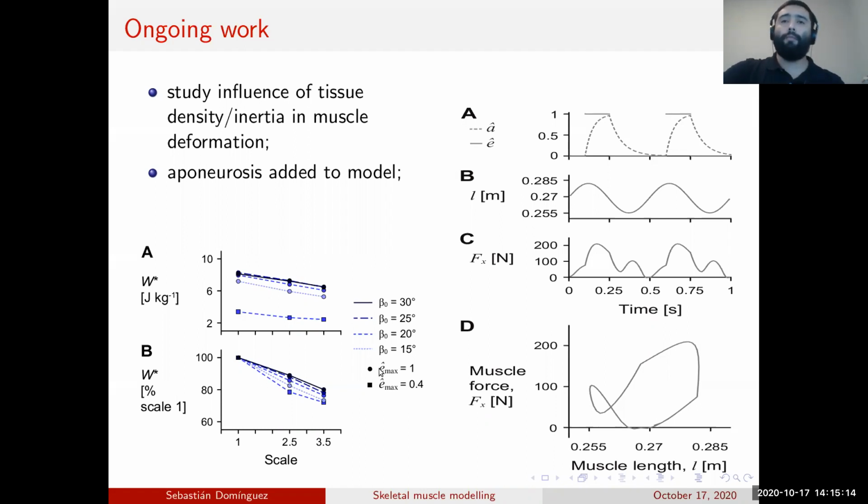I don't have it here, but we also wanted to study how the penetration angle changes the specific work, and it's a very important key. The reason I'm talking about this penetration angle all the time is that physiologists see that muscles never have fibers in parallel. They're always pinnate. The muscle fibers always go like this instead of going like this within our body.